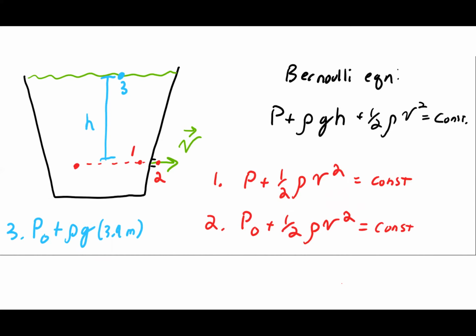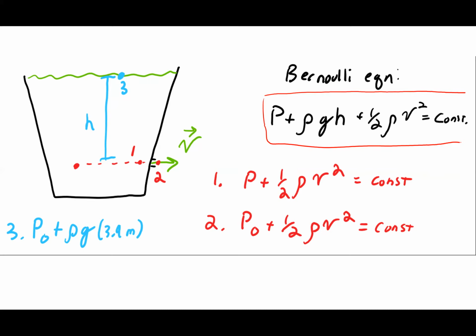The idea behind using Bernoulli's equation in any quantitative problem is calculating this expression at different points. We know that pressure plus rho g h plus 1/2 rho v squared is constant, but we don't know what it's equal to. So what we do is find it at several points and set those expressions equal to one another.